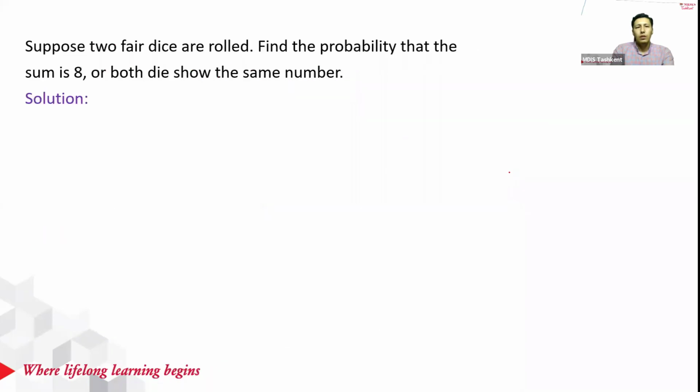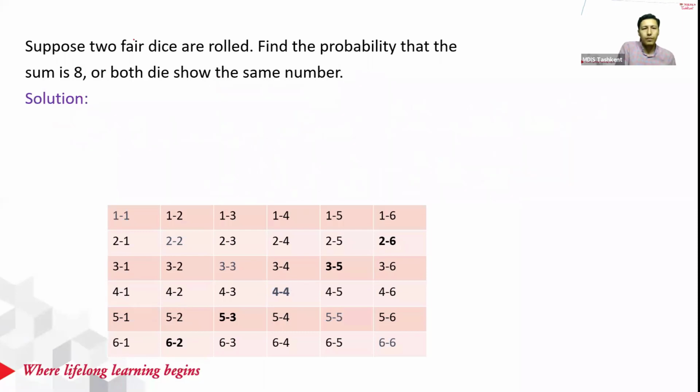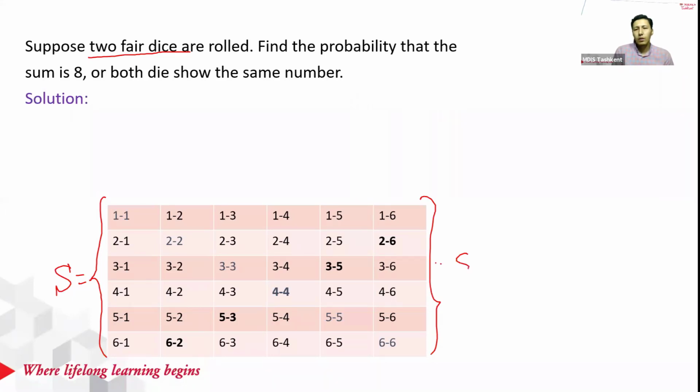Two dice. Two fair dice are rolled. I recommend you make this table first. N(S) equals 36, there are 36 possibilities here.